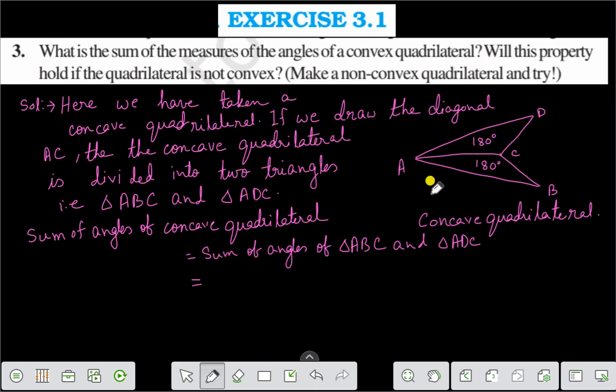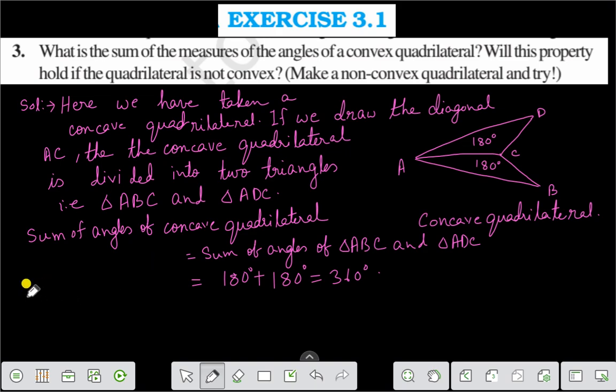Therefore, the sum of the angles of the triangle ABC is 180 degree. And the sum of the angles of the triangle ADC is also 180 degree. When we add this, we are getting 360 degree. Right? Therefore, you can say that the sum of the angles of a concave quadrilateral is also 360 degree, right?